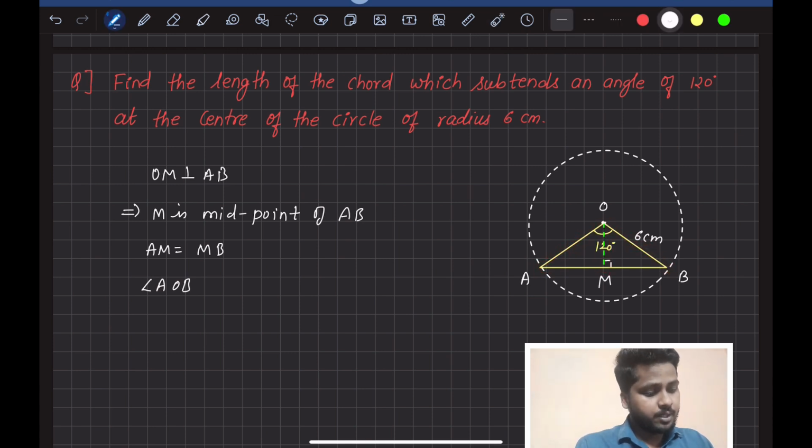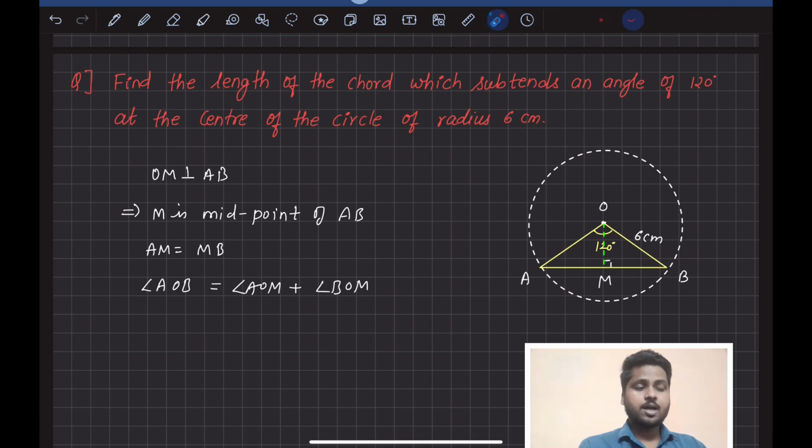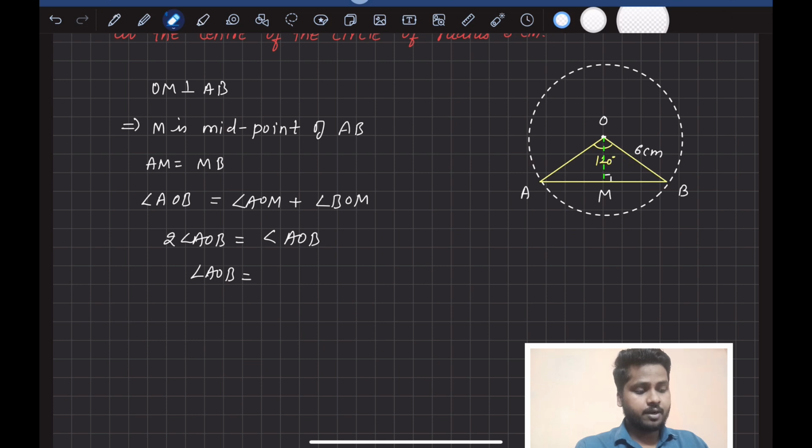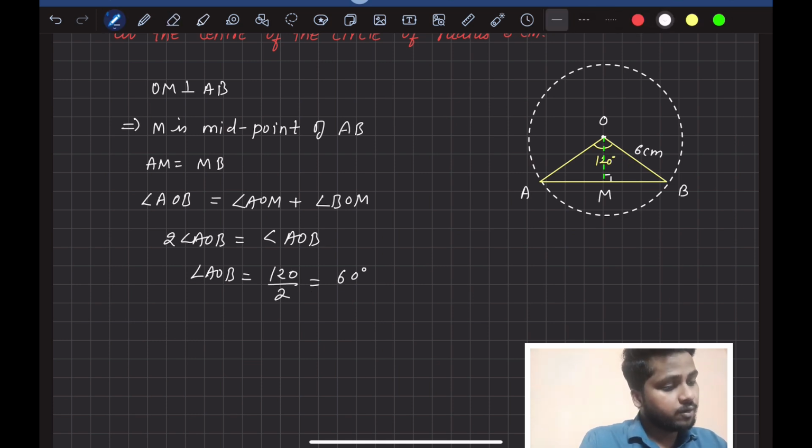So this will be equal to angle AOM plus angle BOM, and both are equal angles. Therefore we can write 2 times angle AOM equals angle AOB. Therefore angle AOB is equal to 120 divided by 2, that will be equal to 60 degree. So this angle will be 60 degree.